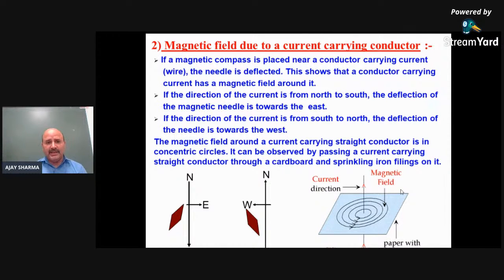The direction of the current on the right side of the figure is going from south to north. If I draw the magnetic lines, they will be concentric circles around the wire. This is given by a rule which you are aware of, I think. I will be discussing the rule also. Let me come to the next slide.